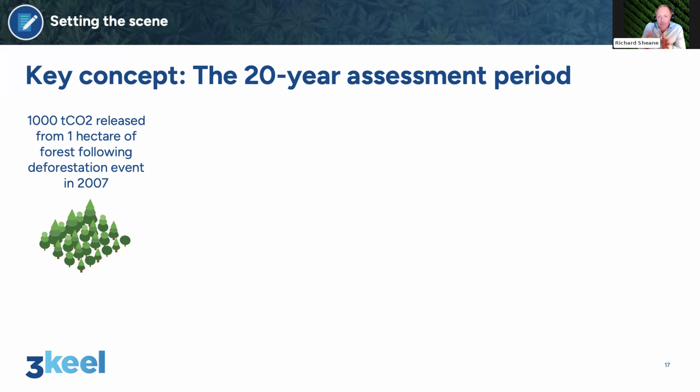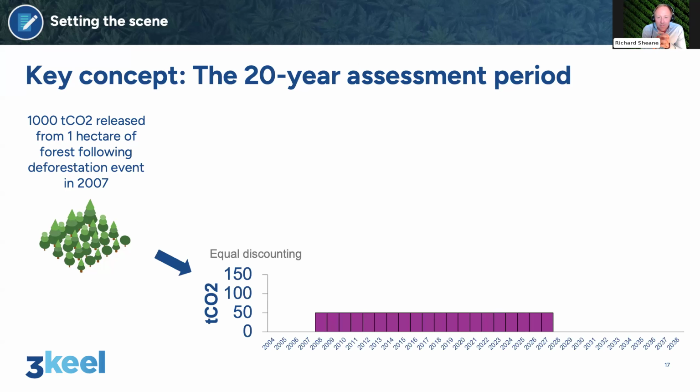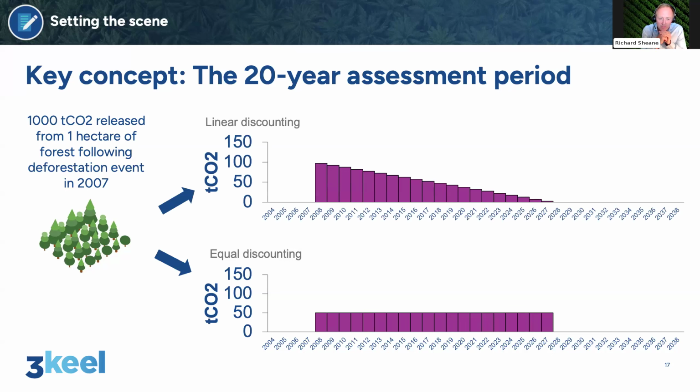So the total emissions get spread over a 20-year period post-conversion. There are 2 options here, broadly speaking. One is what's called an equal discounting approach, where effectively every year for 20 years post-conversion, a crop gets allocated 1/20th of the total emissions. The other option is called linear discounting.